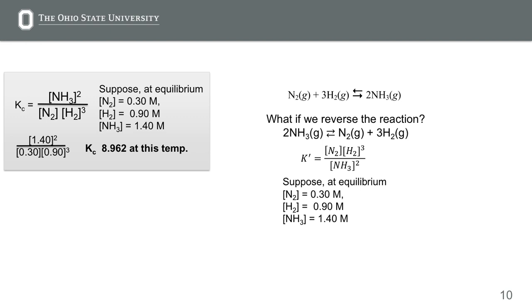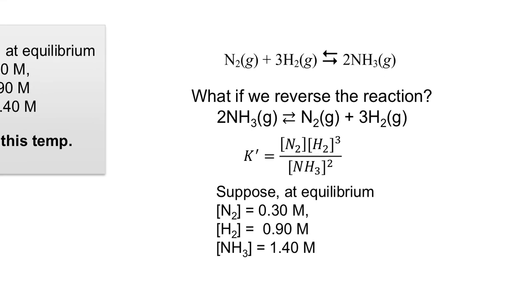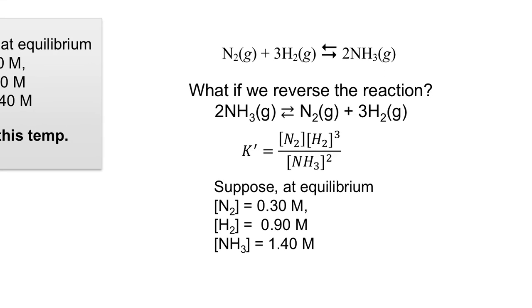Okay. So what happens if we reverse the reaction? We start with N2 plus 3H2 in equilibrium with 2NH3. But what if we write the reaction the reverse way and we say 2NH3 in equilibrium with N2 plus 3H2? We still write our equilibrium constant expression in the same way we normally do.